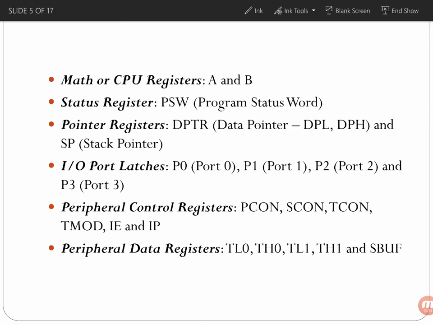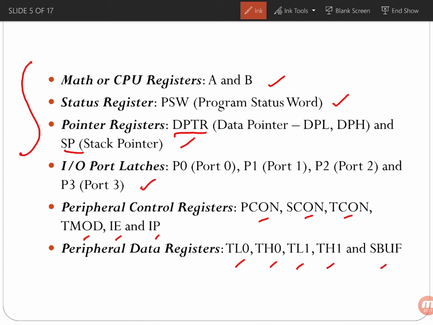All the 21 SFRs of the 8051 microcontroller are categorized into the following groups. They are math or CPU registers A and B, status register which is the program status word or PSW register, pointer registers DPTR and stack pointer, input output port latches P0, P1, P2, P3, peripheral control registers PCON, SCON, TCON, TMOD, IE and IP, and peripheral data registers TL0, TH0, TL1, TH1 and SBUF.